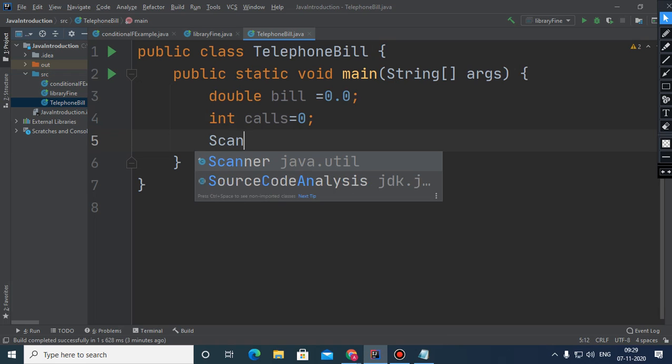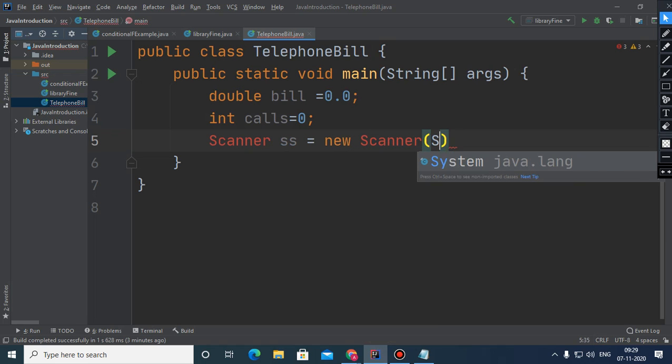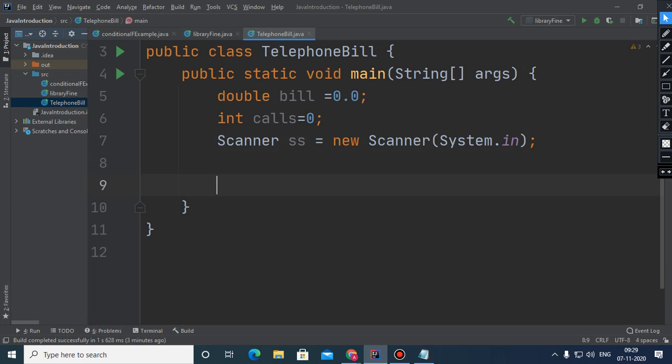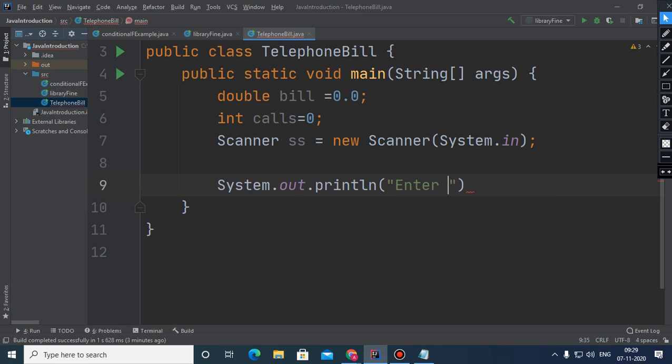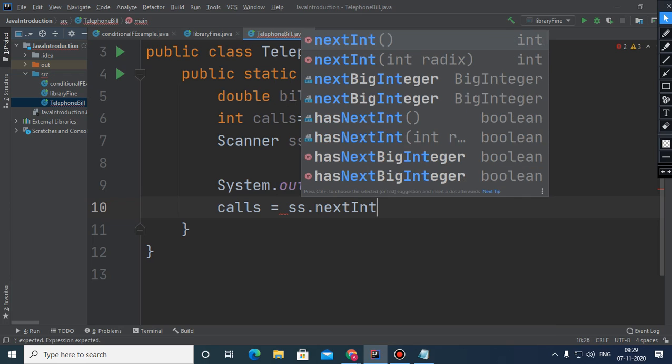So children, first of all a scanner, and here enter calls, that is ss dot next int.